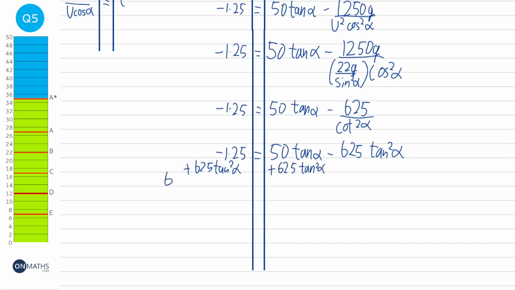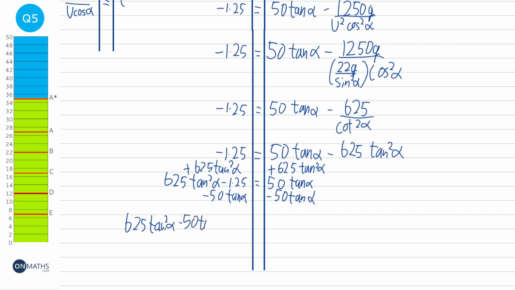So it's going to be 625 tan squared alpha minus 1.25 equals 50 tan alpha, and then we just got to take away the 50 tan alpha, because we want to make sure that it equals 0. So it'll be 625 tan squared alpha minus 50 tan alpha minus 1.25 equals 0.